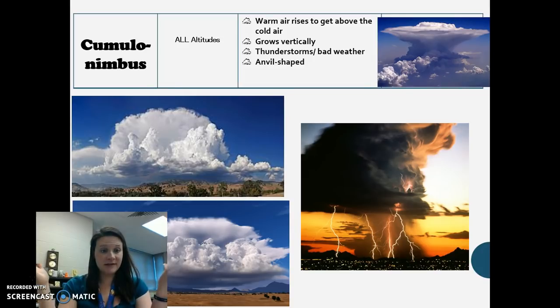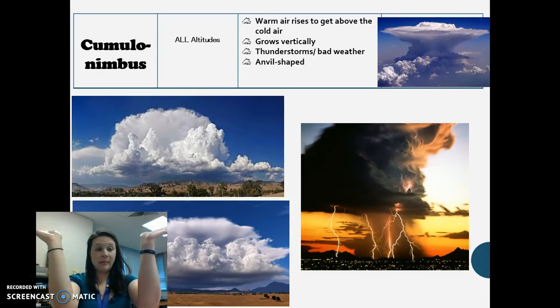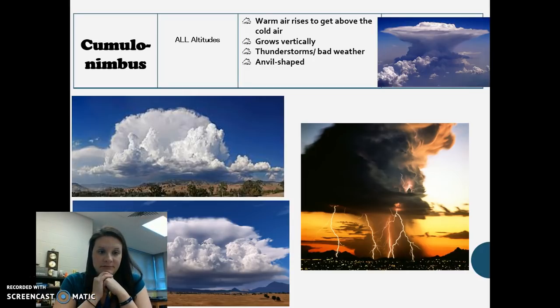So this obviously indicates bad weather. It's a thunderstorm cloud. And its feature shape is that it's shaped like an anvil. Okay, so it has the wide base, skinny middle, and then it widens out on the top. And we'll talk tomorrow about where that anvil shape comes from.